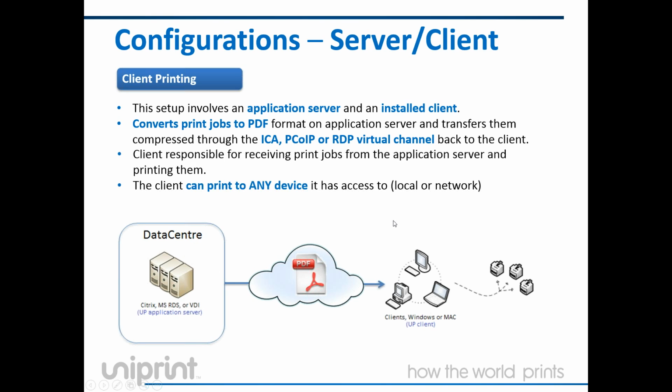This hasn't changed a lot since Suite 7, but the biggest introduction, I think, is the PC over IP support. So if you are in a VMware View environment and you're using native PC over IP for your virtual channel connection, we can now utilize that for sending print jobs back from server to client. And of course, that's a big plus if you are in that environment.